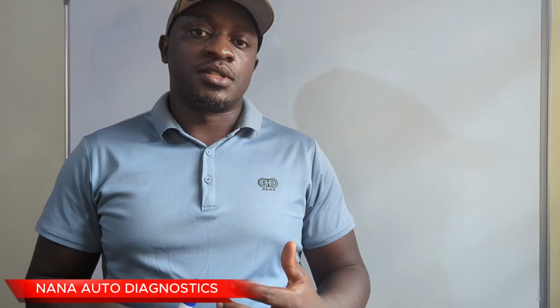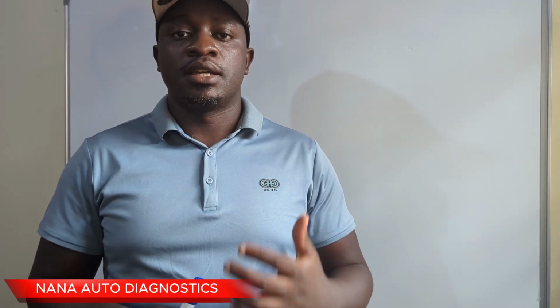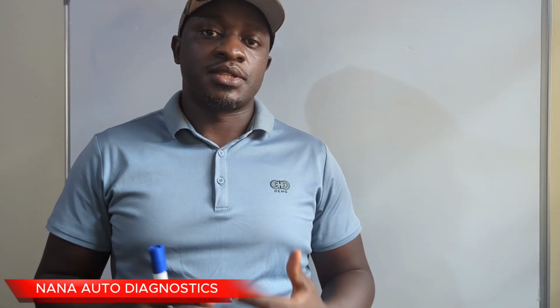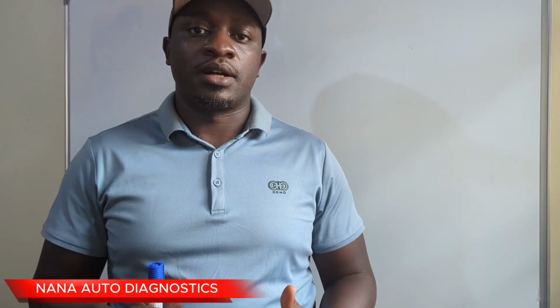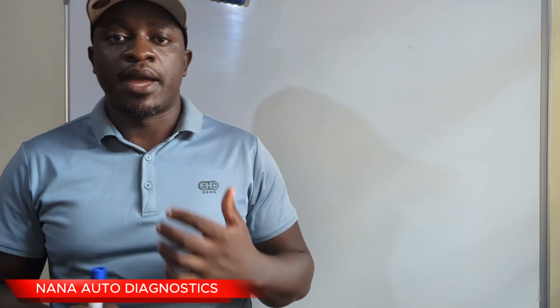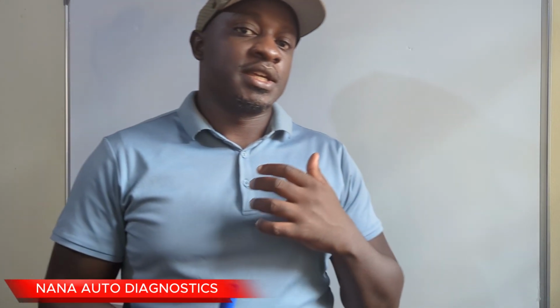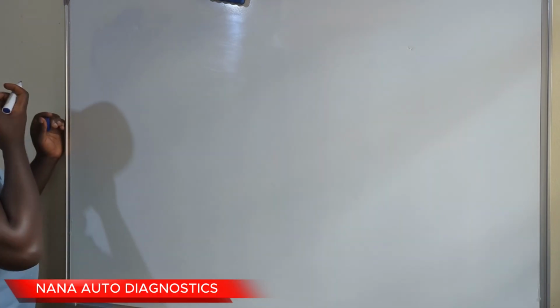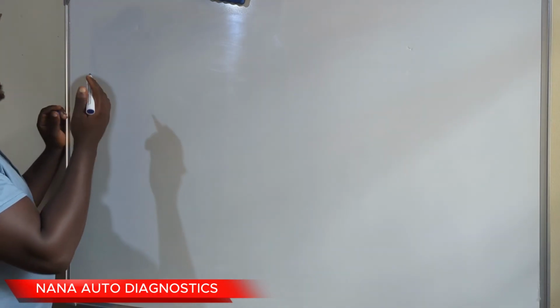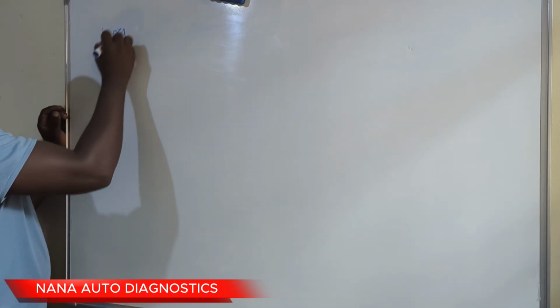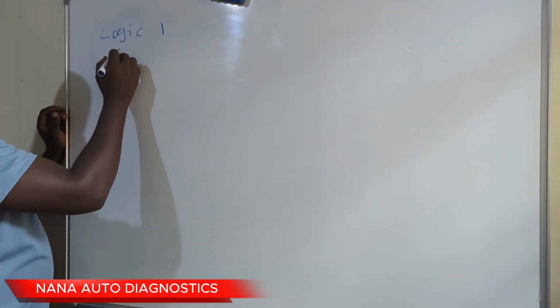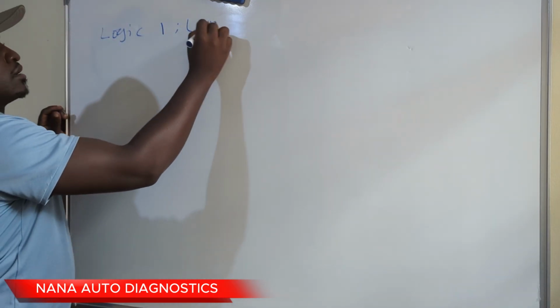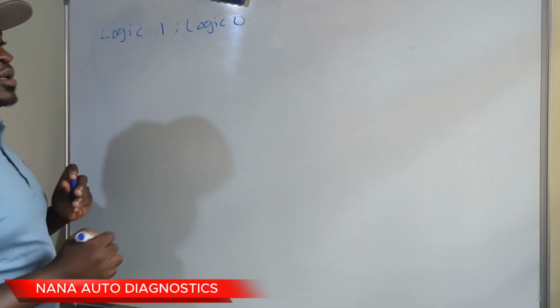Next, let's talk about how signaling is attained on a CAN bus communication network. And we shall begin by identifying the logic states. Now in communication, we have 2 logic states, which is logic 1 and logic 0.